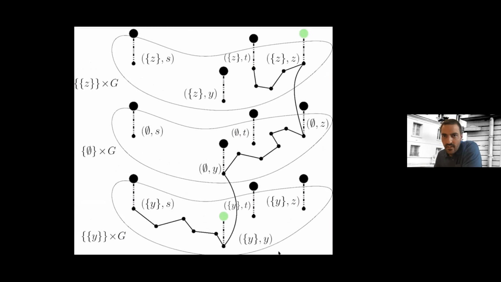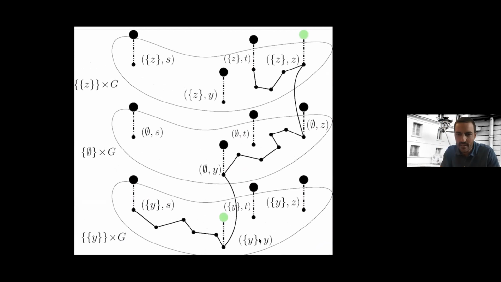Here is the ground graph G. Think of this as a street map, where at each intersection of streets you have a lamp, which can be turned on or off. Now assume that you start here and you want to go there, and you have to switch this light that is on to off, and this light that is off to on. So how would you do it?